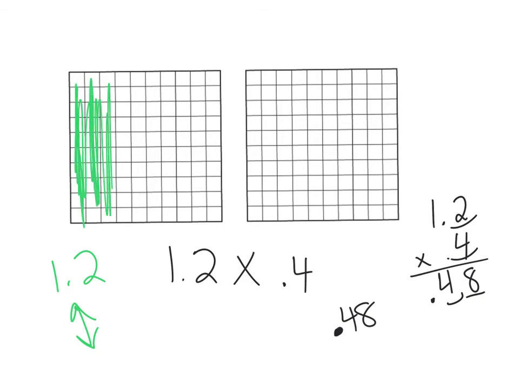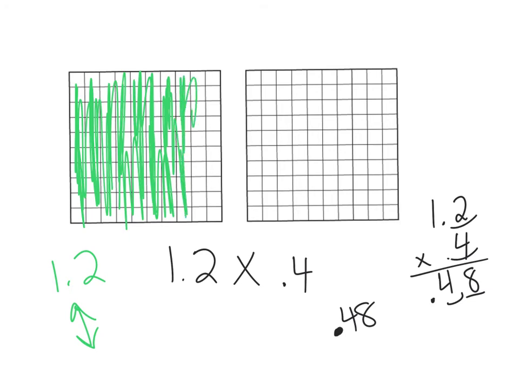I'm going to go a little bit quicker this time. Again, not the prettiest shading, but it works. Okay, and then I'm going to complete it on the other side. So 1 2/10 means I'd have to shade 2 more of those columns.